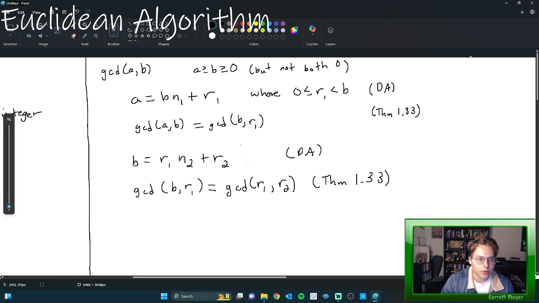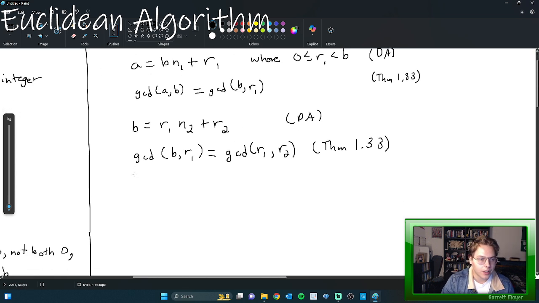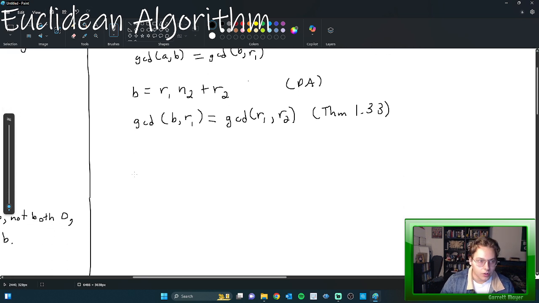Now from here, what do we get? Well, from here, we can continue doing this process, and eventually we will reach this chain of equalities.